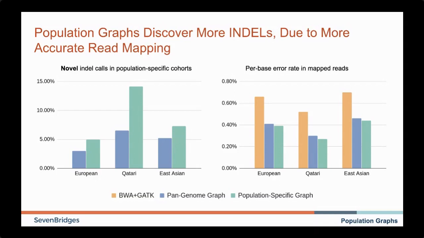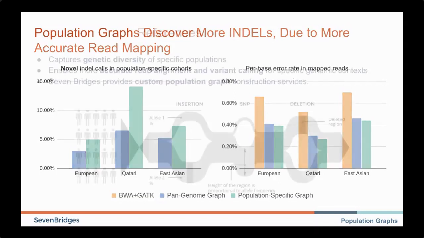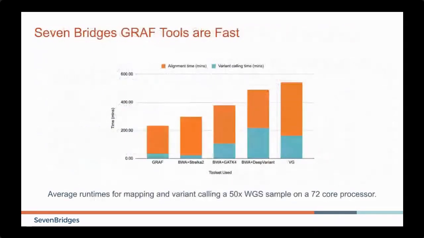Great. Next question is, what are the main differences between graph workflow and other graph-based tools? I think you should take this one. Other graph-based tools being, I assume, not our tools, but other tools such as VG that you presented a slide for comparison.